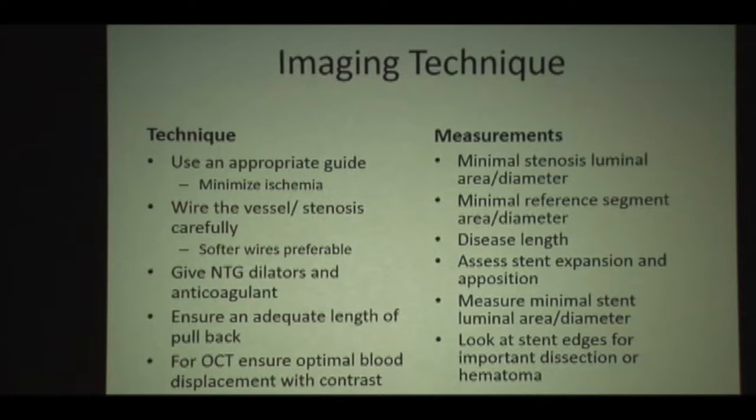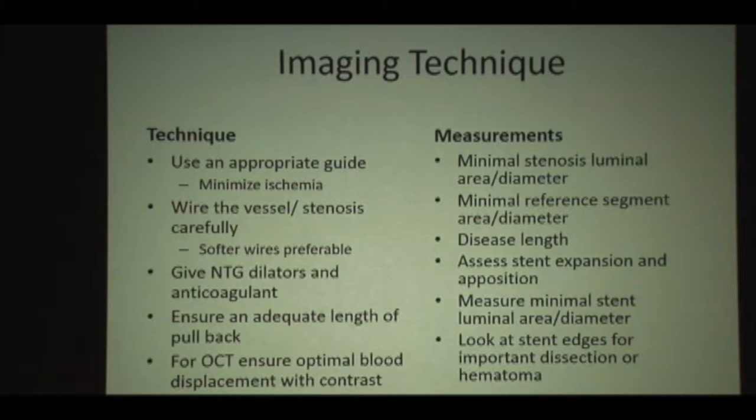Use a guide that minimizes ischemia, wire the vessel with good technique so that you don't traumatize the stenosis. We generally give vasodilators and make sure that you have an adequate amount of imaging or pullback so that not just the disease segment but the reference segments are also well visualized. And it's important to make the measurements that are important in improving outcomes.